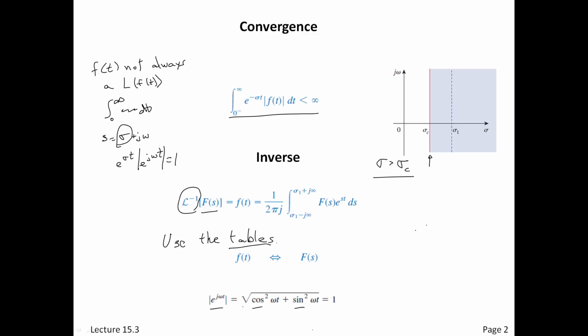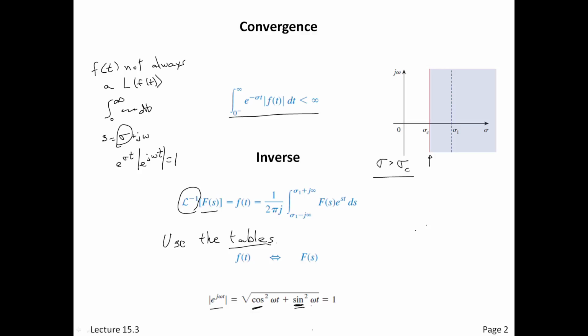We need to do that because we now have a Laplace transform, which is going to invoke exponentials, e to the st, where s is a complex number. But we know in real life, in electronics and electricity, we're interested in sines and cosines and time varying signals. So we need a way to deal with that.